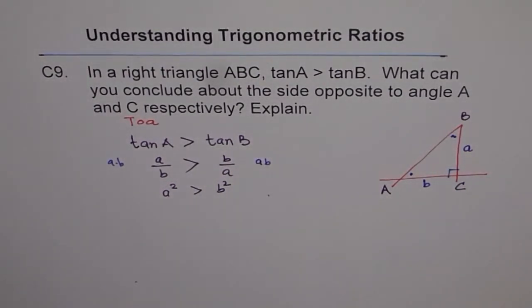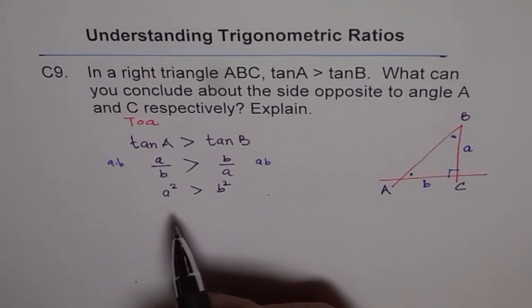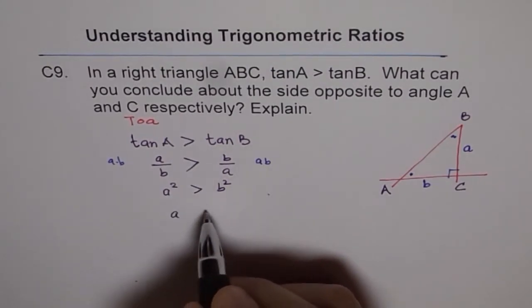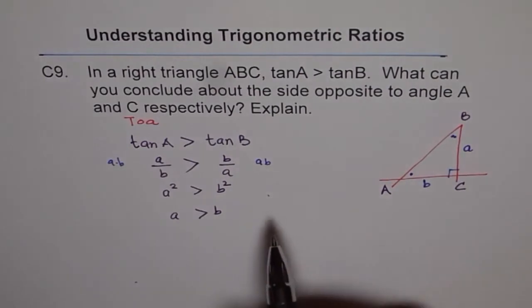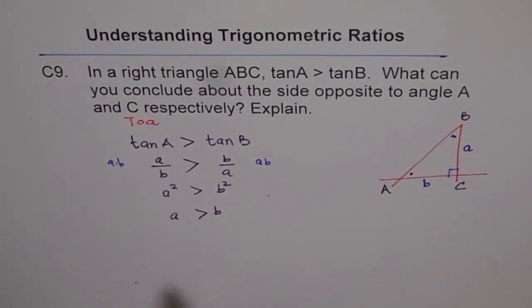Now we know how a and b are related. And if the squares are bigger, then the number should be bigger, correct? So this implies that a is greater than b, right? So that's the reason. You have to write your reasons here, correct? If squares are bigger, then the number should be bigger, and therefore we can conclude that side a is bigger than b.